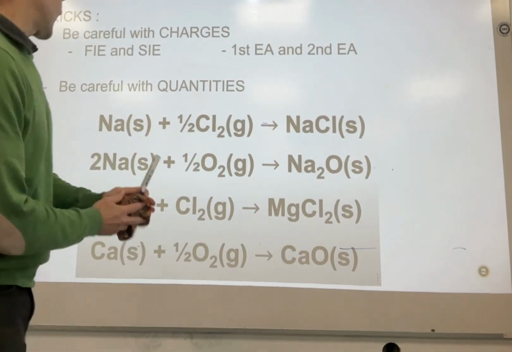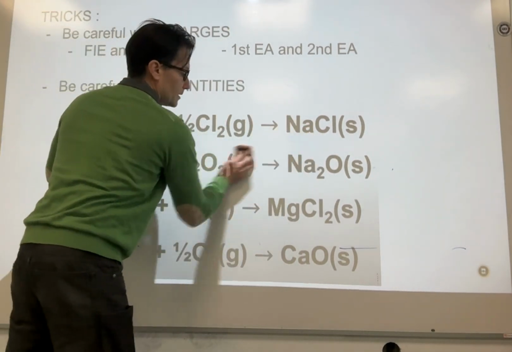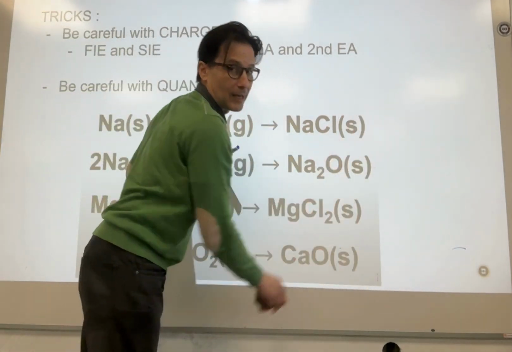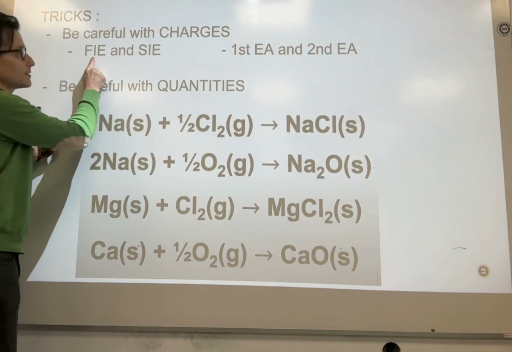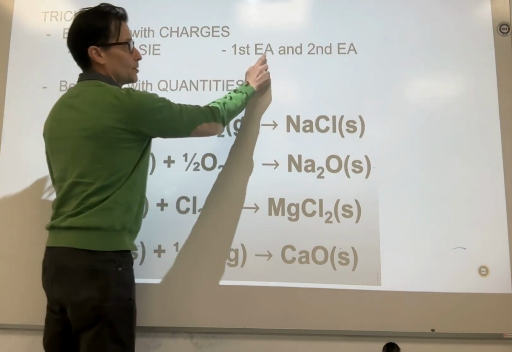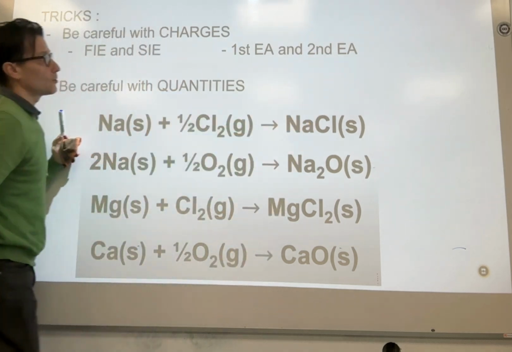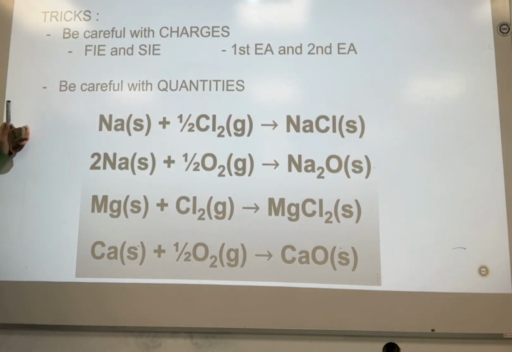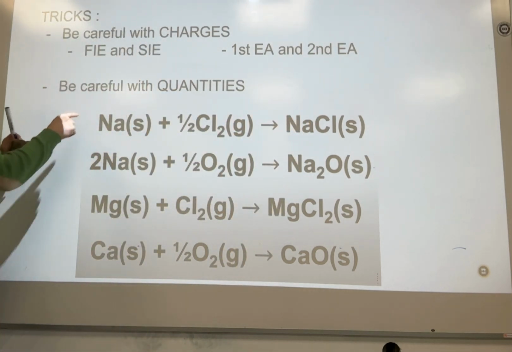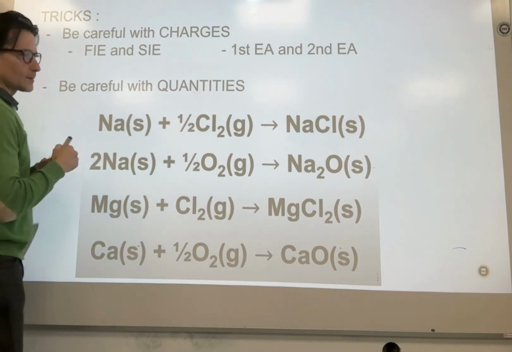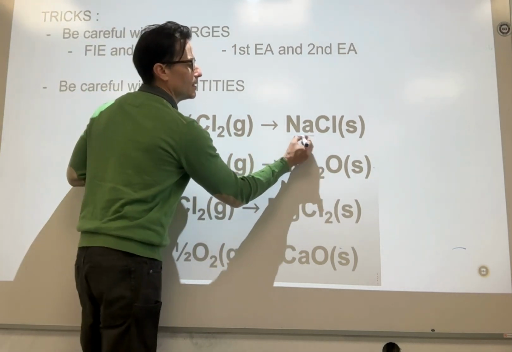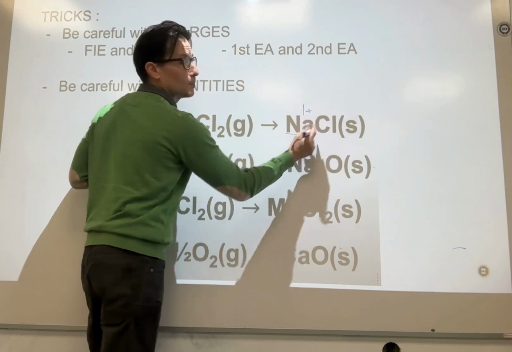Okay, tricks. Why do these problems get tricky? Well, because there's a lot of steps and you have to be careful of whether you need a first ionization energy or a second, whether you need a first electron affinity or a second electron affinity. So you've got to be careful with that. And then that means you got to be careful with quantities. How can you figure that out? Well, look at your charges. Na is 1 plus.